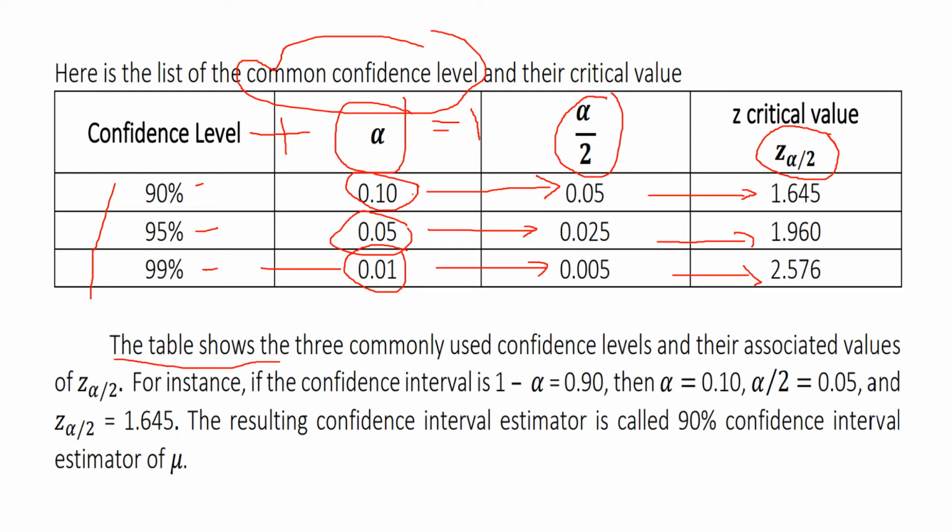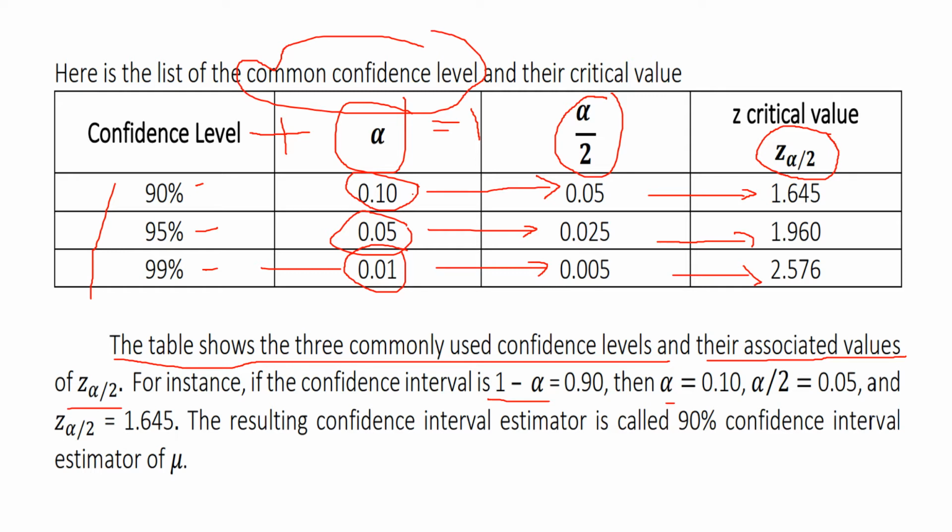The table shows the three commonly used confidence levels and their associated values of C sub alpha over 2. If the confidence interval is 1 minus alpha, because alpha plus your confidence interval is equal to 1, then whatever the resulting value once we subtract alpha from 1, that will be your confidence interval.